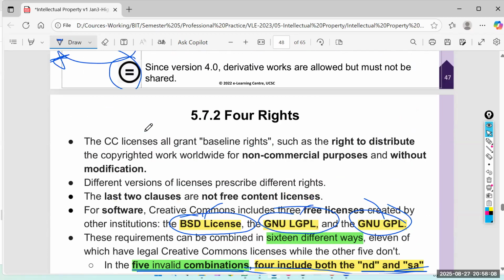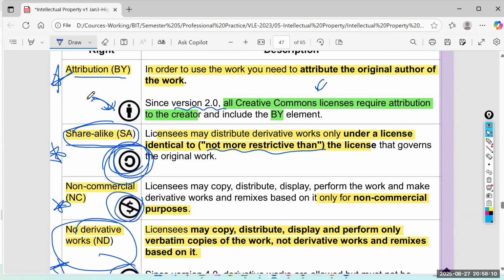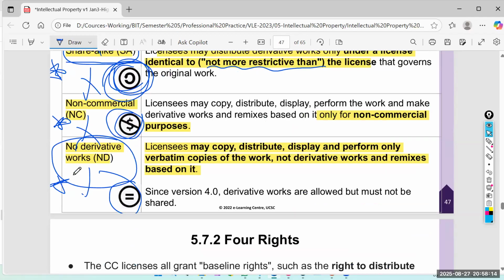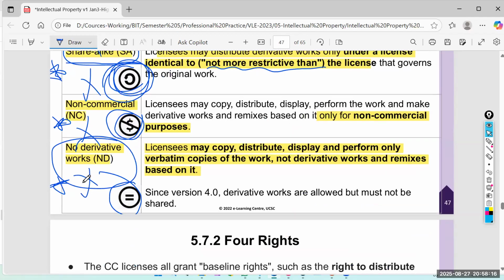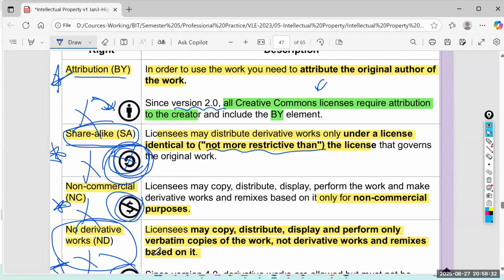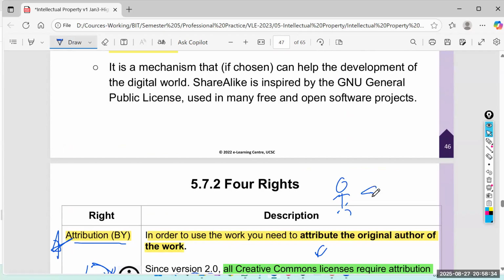Another possibility is someone skipping all of these, but that is not allowed, right? Then it is not a Creative Commons license. Remember you need to add these selected pictures. Maybe you will say okay, maybe you don't need this, maybe non-commercial, right? So likewise, you can pick and choose whatever you want.